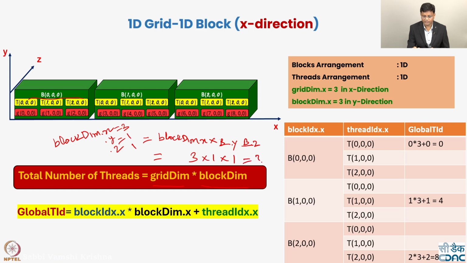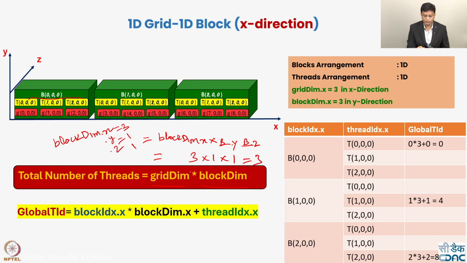So, you will get the answer 3. Yes, there are 3 threads per block. So, remember, whenever you are counting the number of threads or number of blocks, even though there is nothing in the y and z directions, by default the value is 1 and 1.